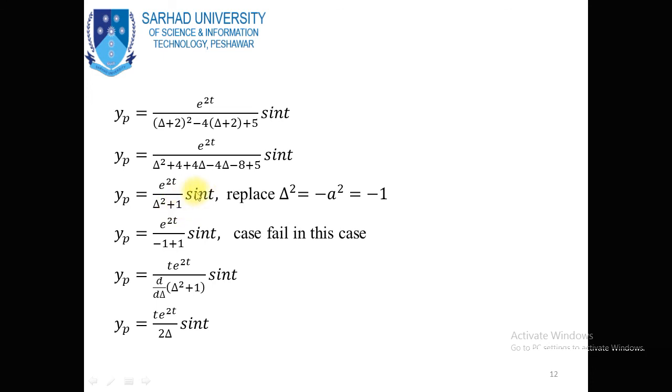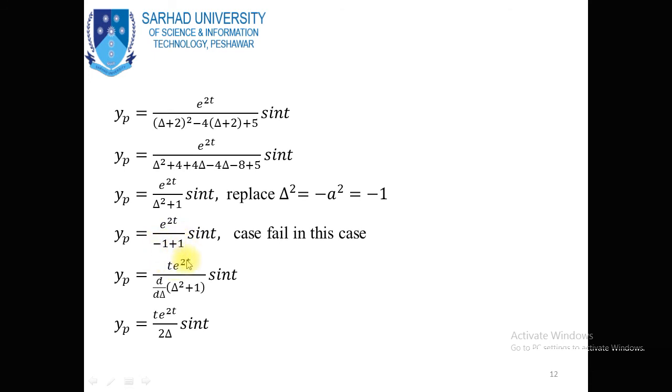So in the case of a trigonometric function, for the particular solution, we replace D square by minus a square, and the value of a is 1 in this problem. So D square becomes minus 1. Now we obtain e power 2t divided by minus 1 plus 1, which is 0. Fail case.